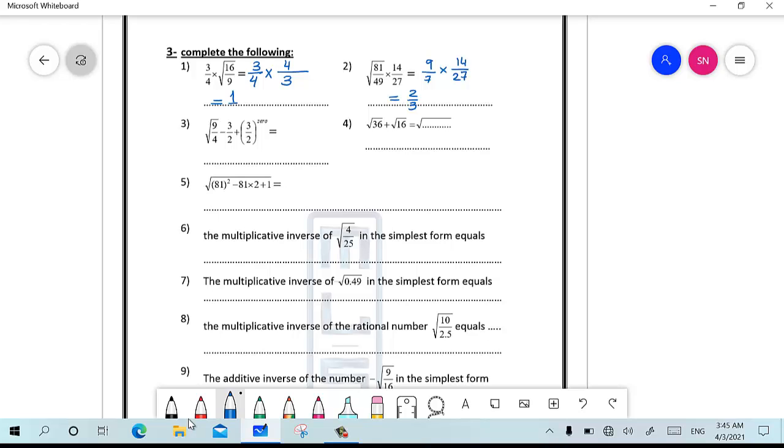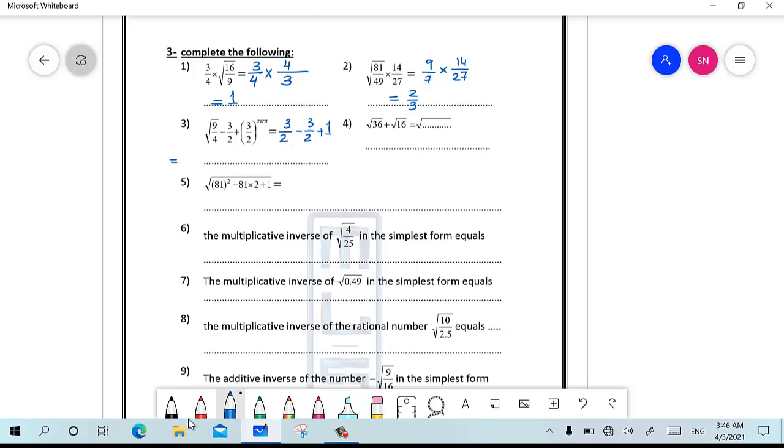Square root 9 over 4 minus 3 over 2 plus 3 over 2 raised to the power of 0. The square root of 9 over 4 equals 3 over 2, minus 3 over 2, plus, I know that 3 over 2 raised to the power of 0 is equal to 1.